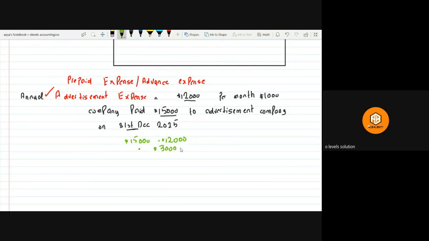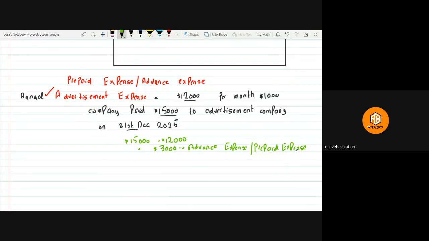So this is my advance expense, meaning a prepaid expense. I have paid some expense in advance.